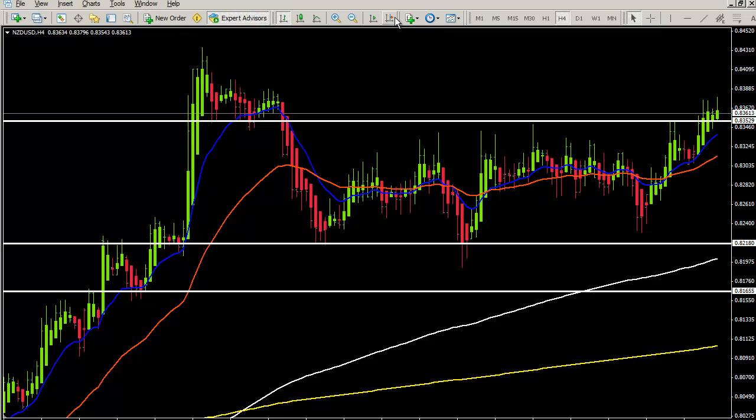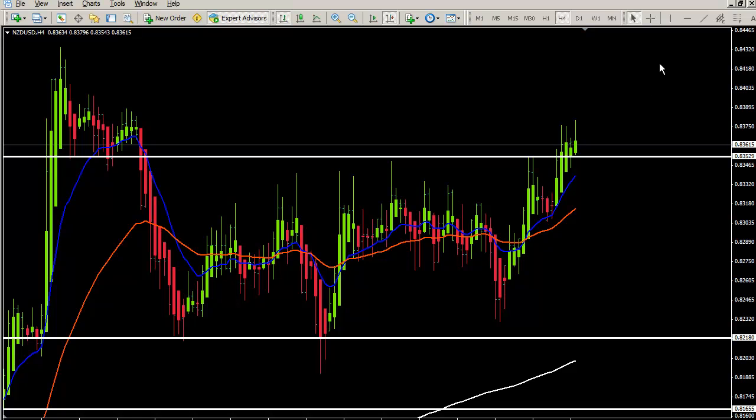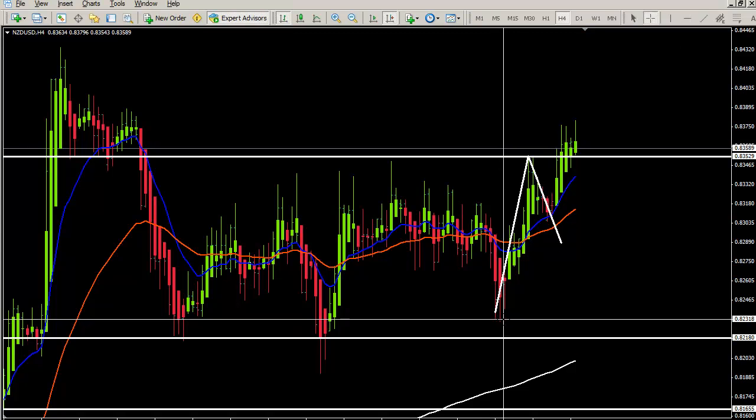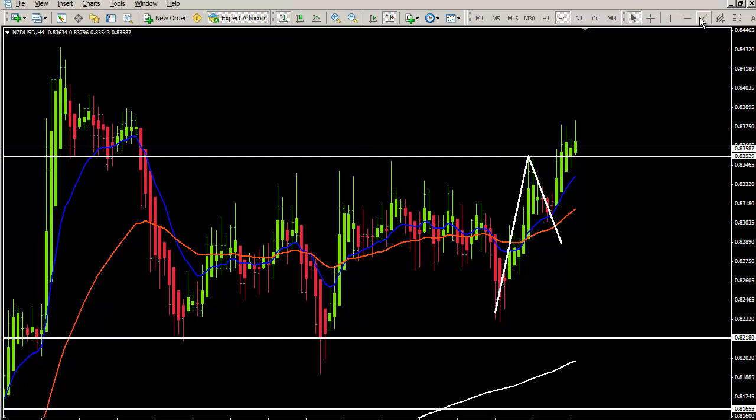Perfect. And now we have a live example of something that might change. The price at this area did not reach the lowest point. It kind of created a higher low. If you just ignore the spikes and draw the line like this, you'll see it's a little bit higher.